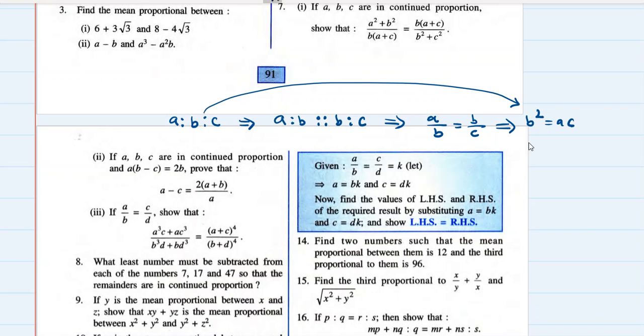So this is the substitution which we will use somewhere. Also, they have said that A bracket B minus C is equal to 2B. You have to prove that A minus C is equal to 2 bracket A plus B by A.